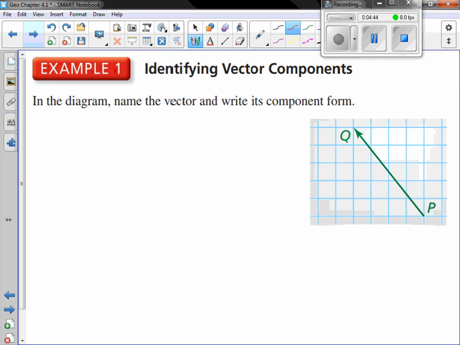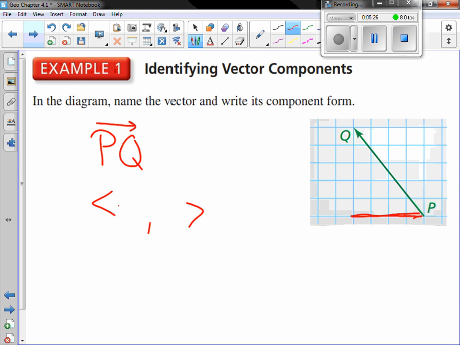So we're given this here. We've got a point P and a point Q, and we have our vector. So if we name it, our initial point would be what? Terminal point would be Q, and it's going from P to Q. So P to Q, and our line goes from P to Q. One, two, three, four.